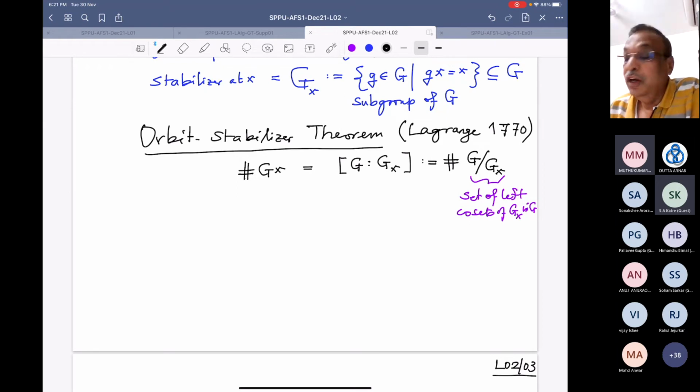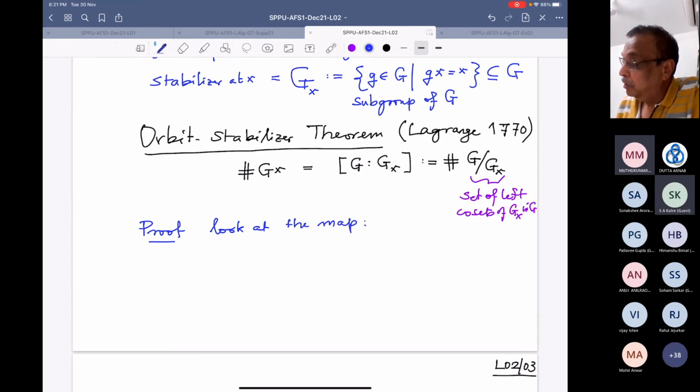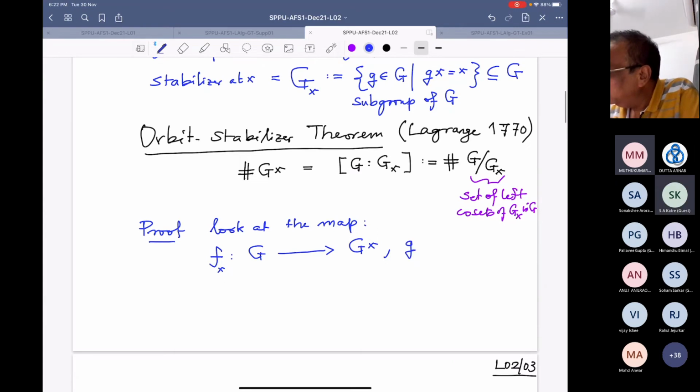And how is it proved? If you want a proof, I am writing the proof again. We have only been given X and the group operation. So I look at the map F suffix X, a map from G to the orbit. What is the map? Obvious: any G goes to GX.